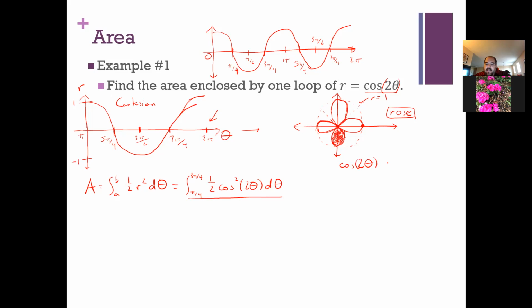So let's go ahead and write that down. Cosine of 2 theta equals cosine squared theta minus sine squared theta. Or I'll write the other forms of this as well: 2 cosine squared theta minus 1, or 1 minus 2 sine squared theta.